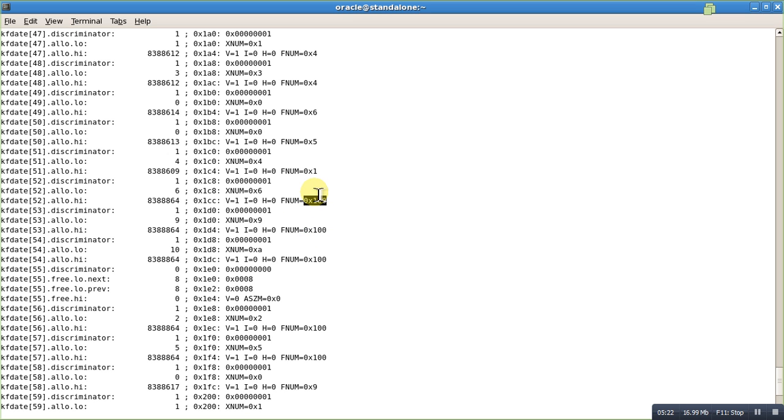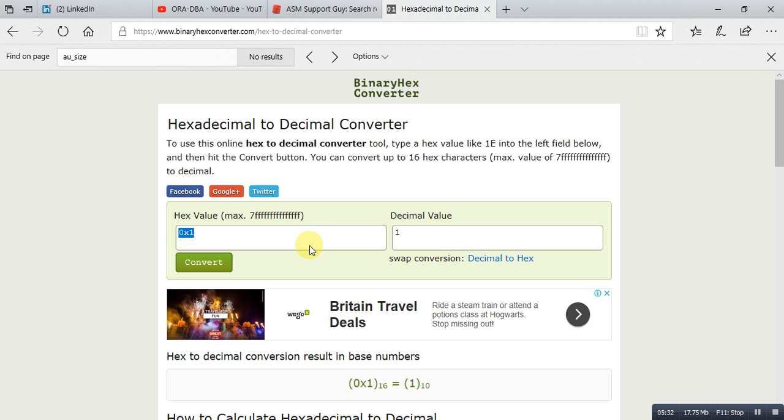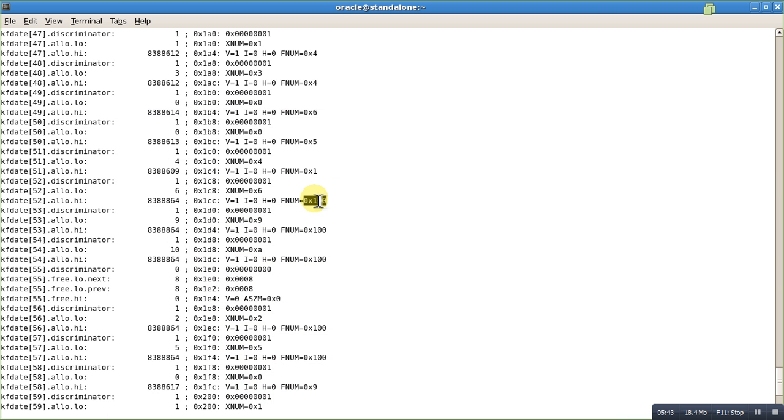So we can see this file number here, which is in hexadecimal format. We can convert that into decimal format. Let me try to put this value here. So we can see the decimal value of this representation is 256. So 0x100 is in hexadecimal format.